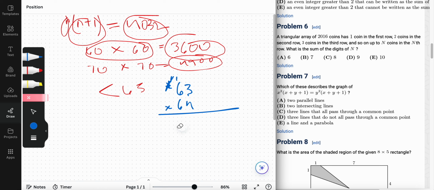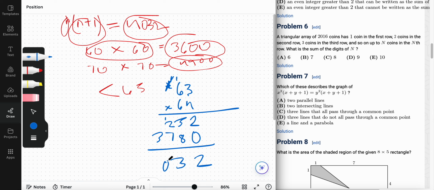I think I made a mistake there. Okay, so that's 2, 1. This is 25, that's good. And then I add a 0, 8. This is 8. This is 137. So I think now it should be right. 0, 1. Yeah.